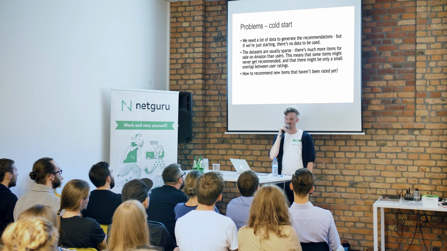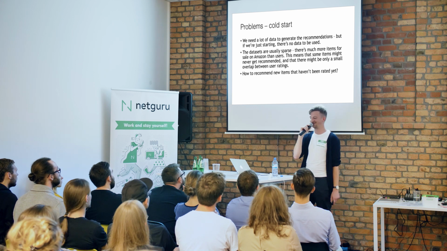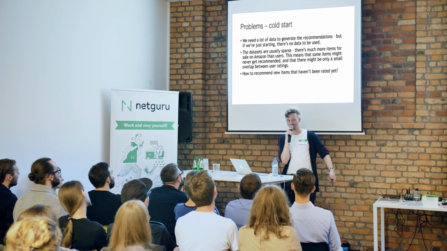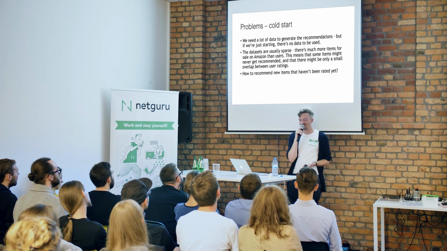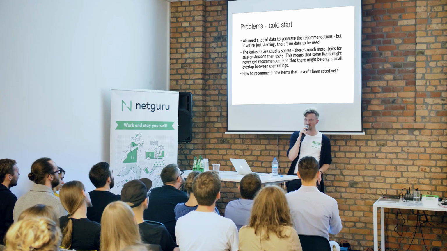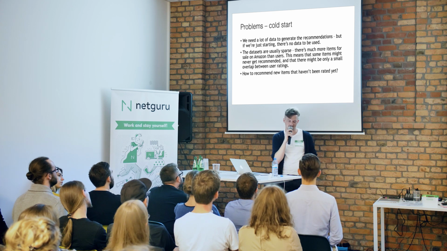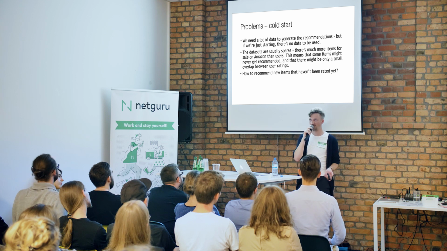And now we're going to talk about problems, which is always my favorite part. So the problem is if we're just starting, we don't really have much data that we could use to do those predictions. And the other thing is those data sets are usually very sparse.